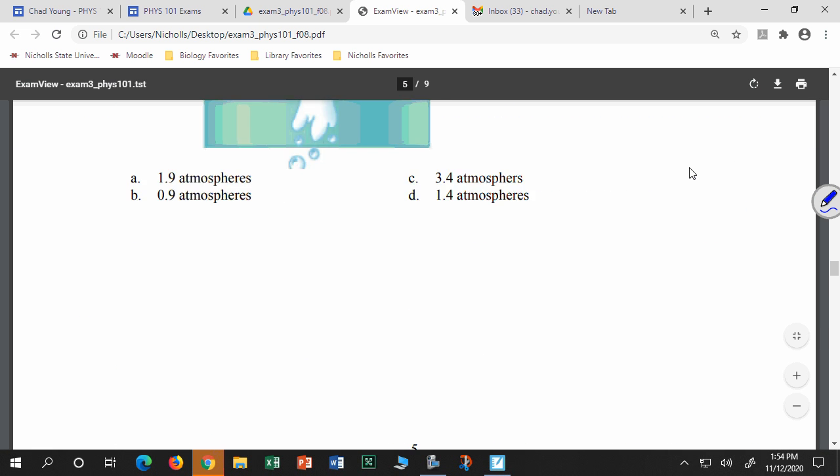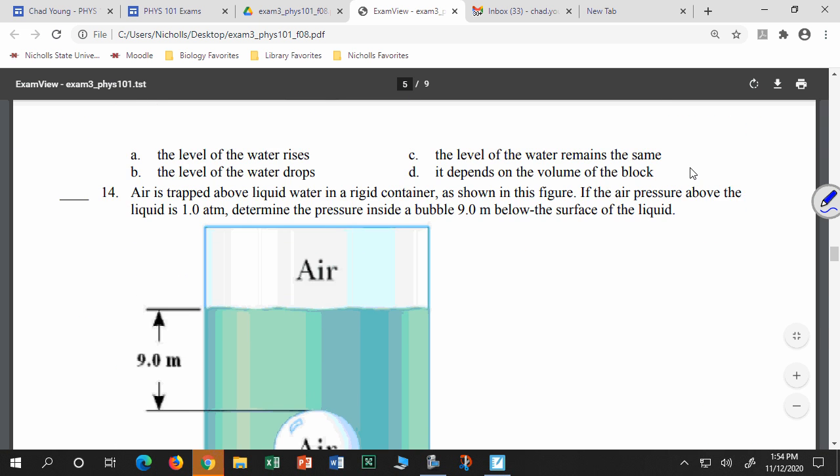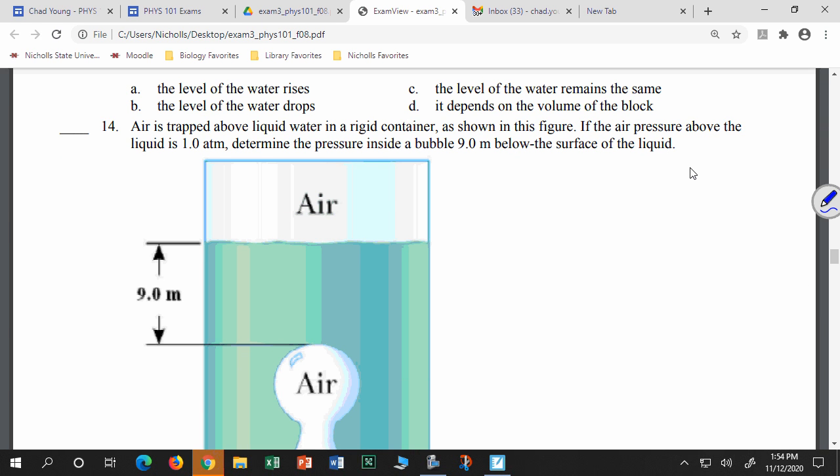And we did that one. Here, can you find the pressure 9 meters below the surface? Don't forget that you have a pressure right here. So if I wanted to find P, it would be equal to P naught plus rho g h.